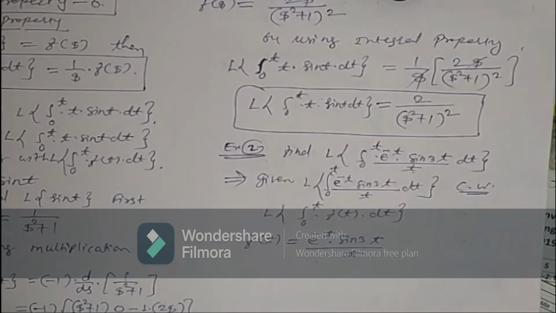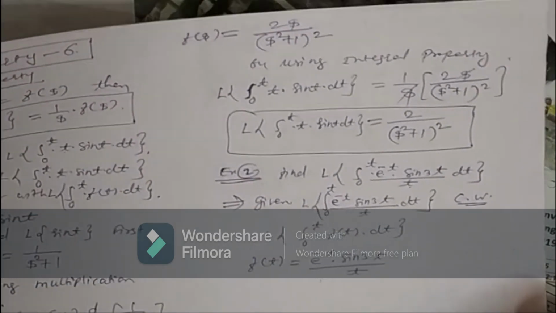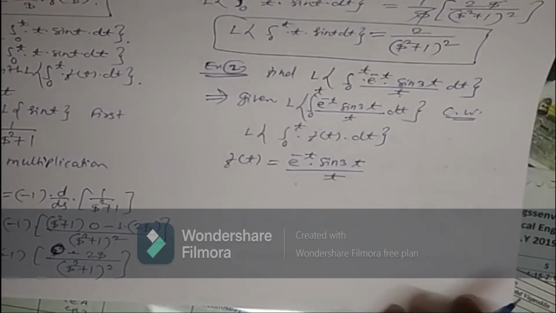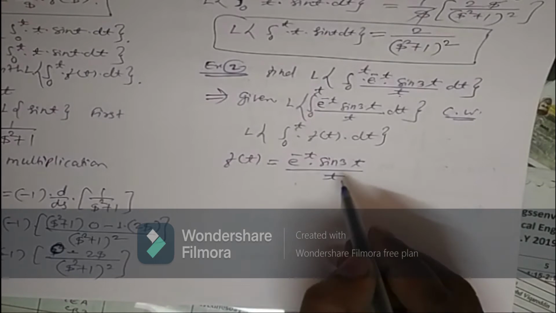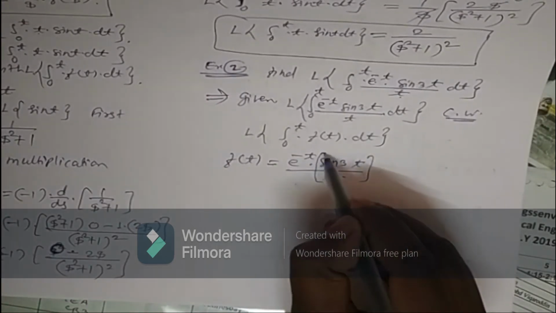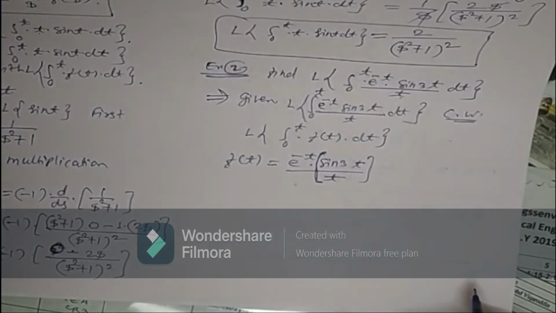To solve this, we have already seen such types of examples in the division property and multiplication property. So now first of all, what we have to do? We have to solve the division property first, and after that we have to use the first shifting property.